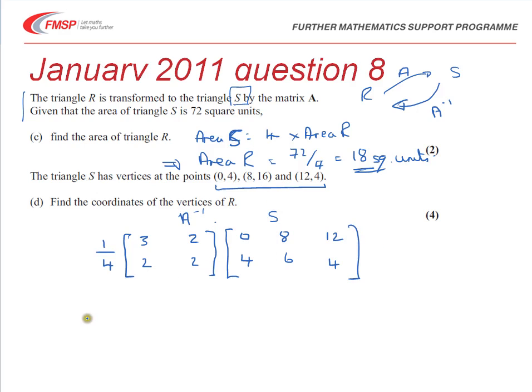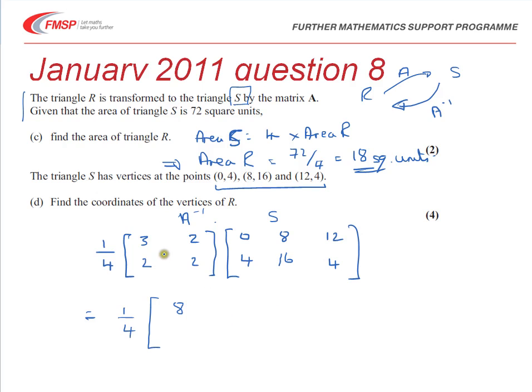Well, it's easier to leave the quarter until the end, so it's just a case of multiplying through this first row by each of these columns in turn. I'm sure you can do that to give you 8, and then, so I just realised there's a slight mistake in that matrix there, that it's 8, 16, not 8, 6.